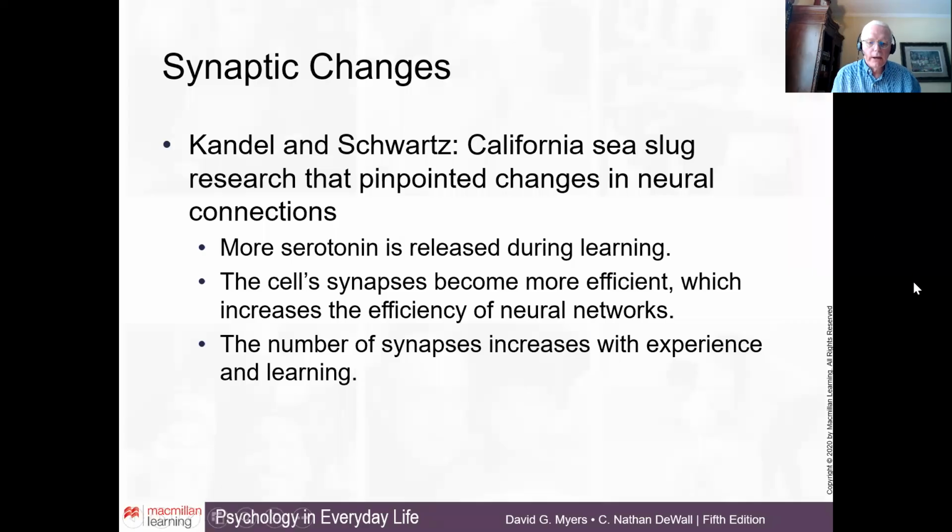Let's take a look now at what occurs at the level of the neuron itself when memories are created. As it turns out, there are changes that go on both inside neurons and between neurons as new memories are being created and stored in our brain. And we have these complex networks of neurons that hold these memories for us.